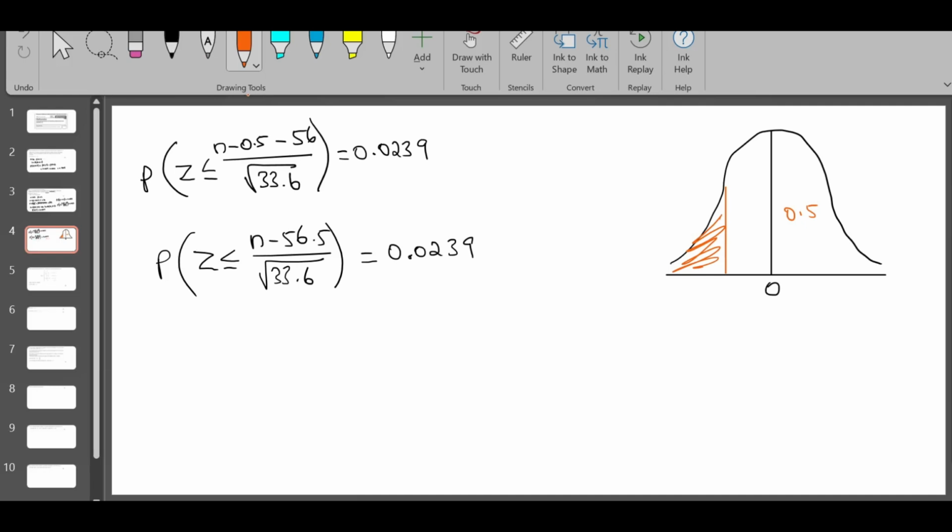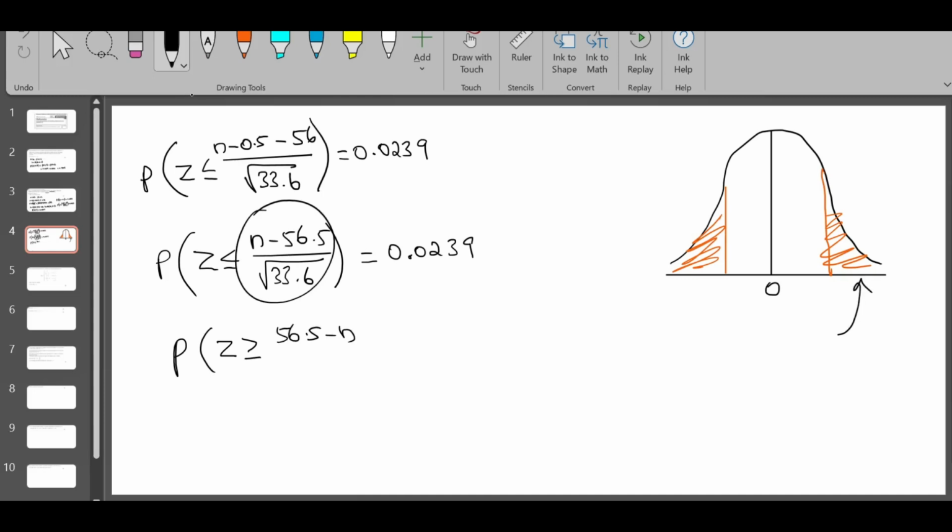So we can change it to a positive number here, and these two areas are the same. So I'm going to write it as Z is greater than or equal to. How do we change it to a positive number? Multiply by negative one. So 56.5 minus n over square root of 33.6 is this.